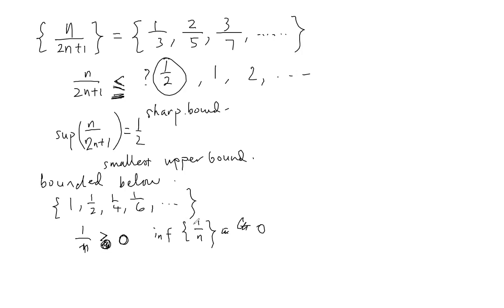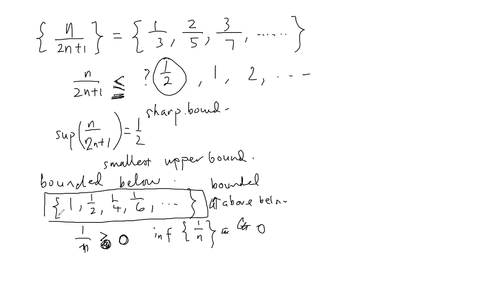Then xn is bounded if and only if it's bounded above and below. So bounded means above and below. For example, is this sequence bounded?